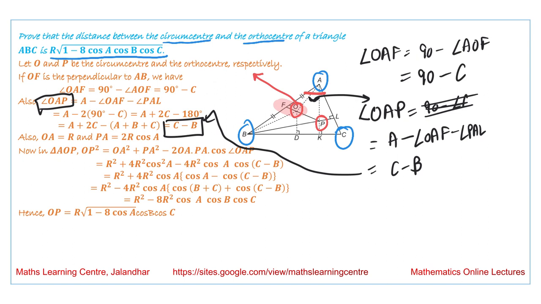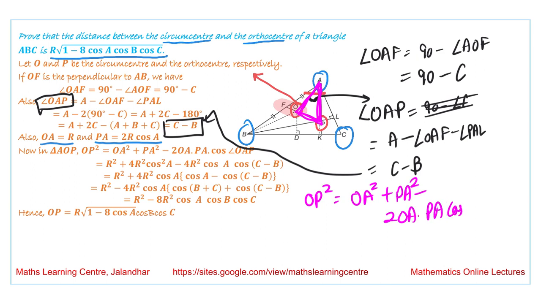So from this, what we are writing, OA is equal to R and PA is equal to 2R cos A. Now if we are talking about the triangle AOP, in this triangle we are using the cosine formula to write OP square is equal to OA square plus PA square minus 2 times OA into PA into cos of angle OAP.